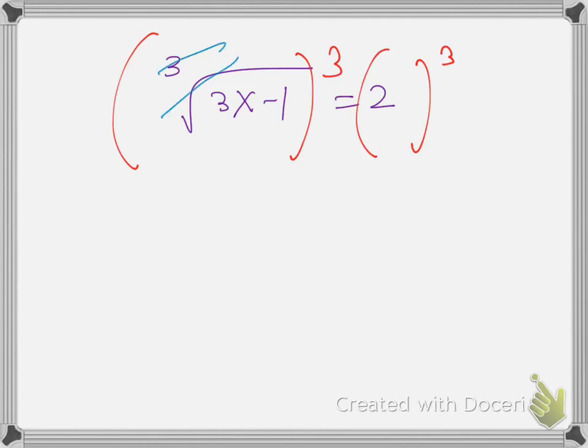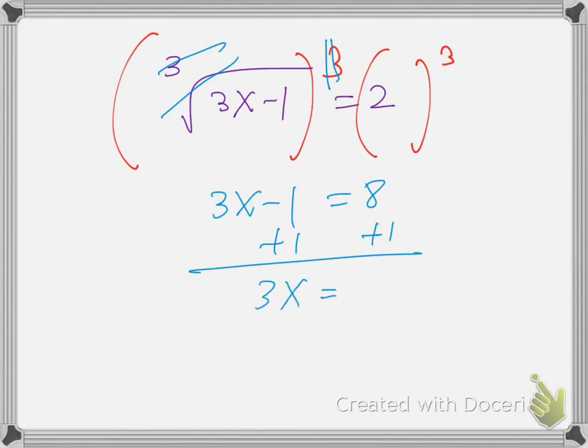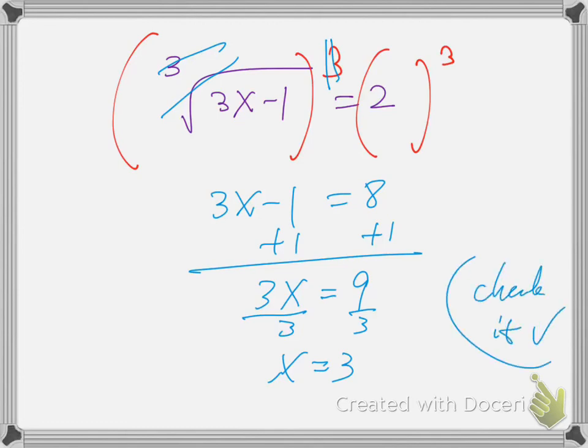Cube root and third power cancel each other. Then we get 3x minus 1 is 8. Plus 1 on both sides, 3x is 9, divided by 3, x is 3. And when you go back and check it, it is the solution.